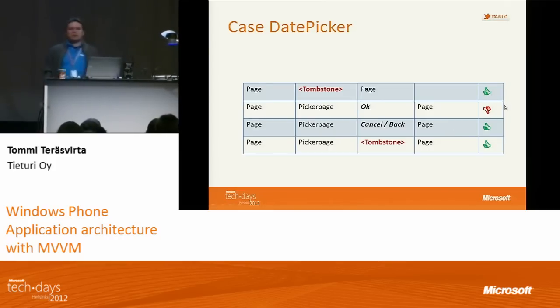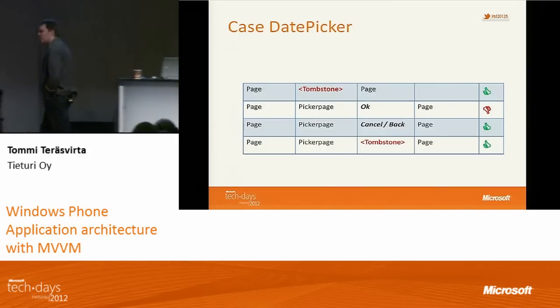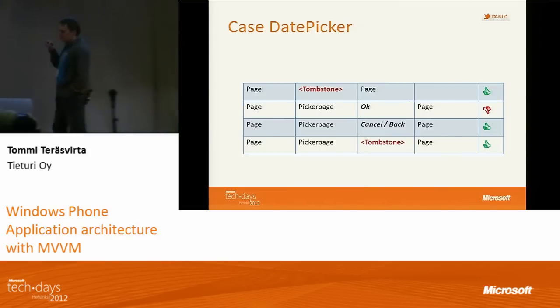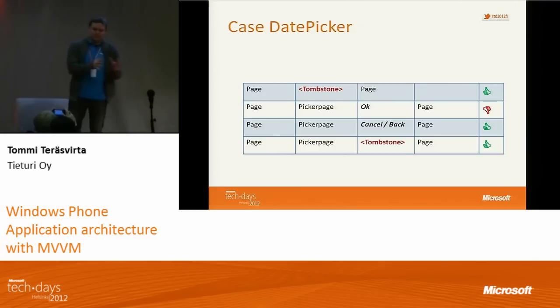The reason that red thumbs down mark is there is that when you move on to the picker page, you start your UI. In the picker page, you modify your date, and that modified date gets written to the DatePicker control. Then you come back, onNavigatedTo gets called after you make that modification to the control.